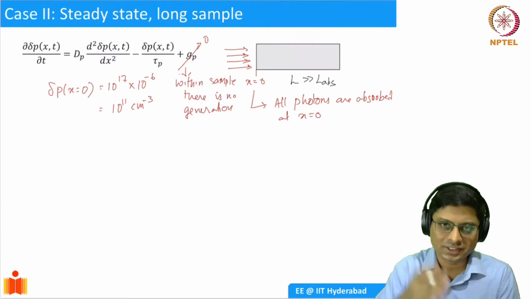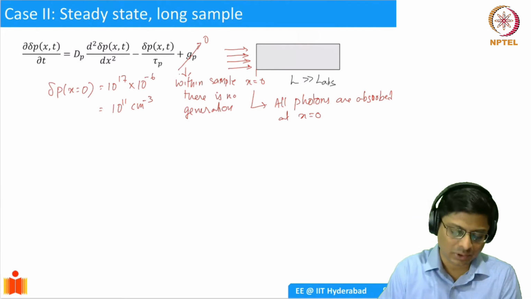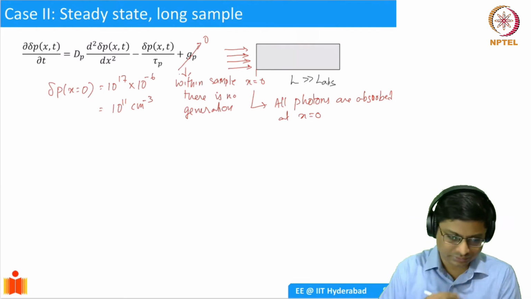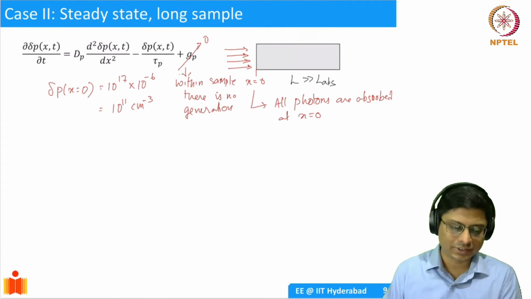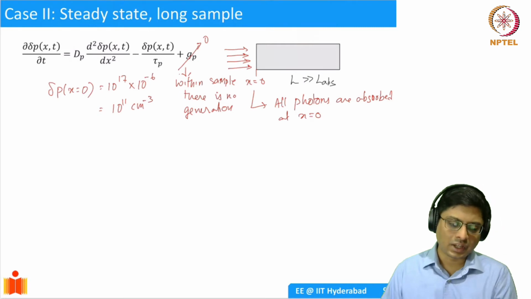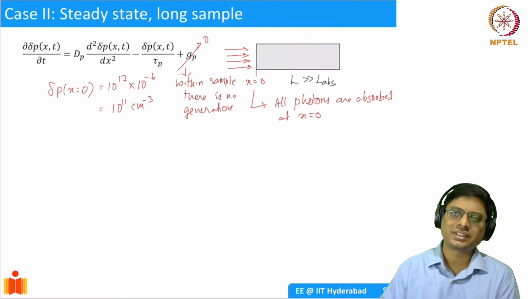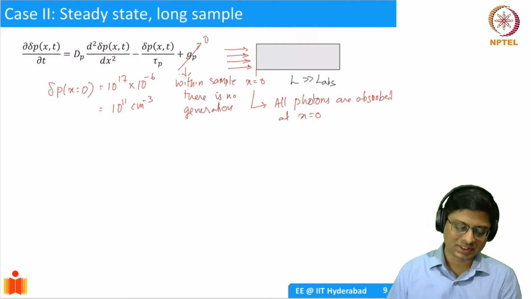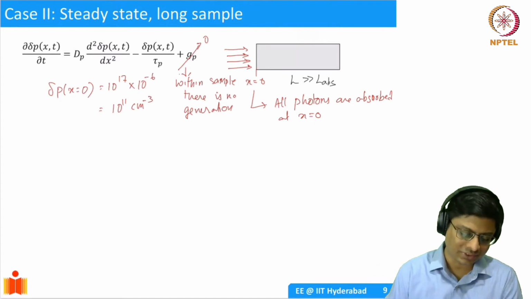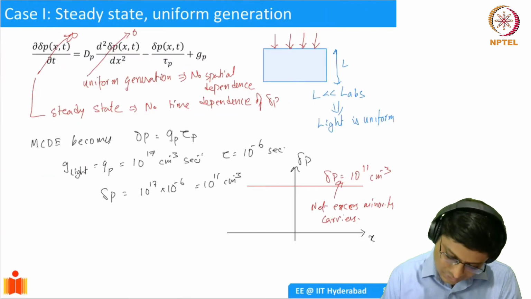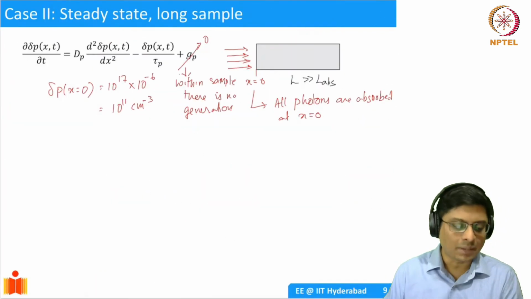We are shining light, it's all getting absorbed, and at x equal to 0 we'll have this much excess minority carriers. This is the rate at which the photons are coming, generating an excess steady state number of 10 power 11. Previously we had 10 power 12, not 10 power 11.